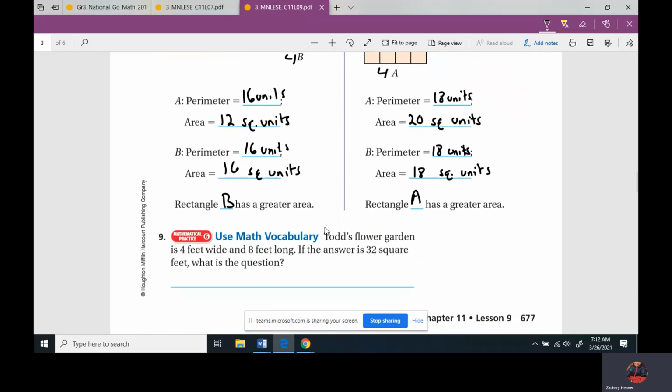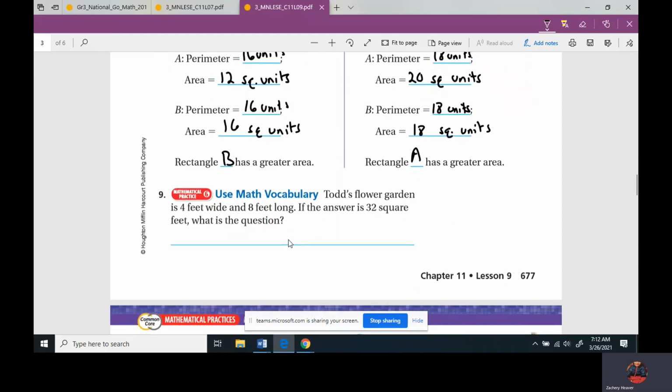All right, we're going to go down to the bottom. It says, Todd's flower garden is 4 feet wide and 8 feet long. If the answer is 32 square feet, what's the question? We know square feet means what? The area of the flower garden.